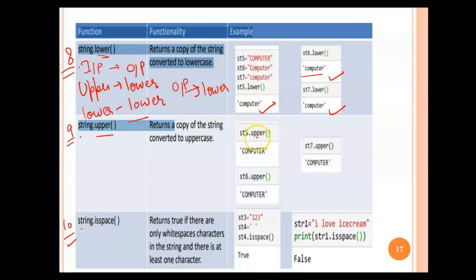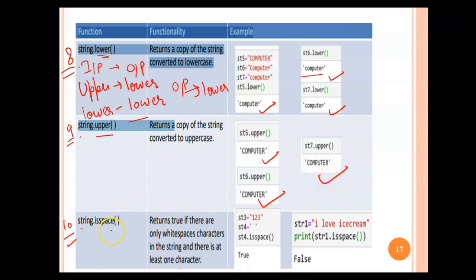So you can check, we have st5.upper. st5 is COMPUTER, already in uppercase, so no change. In st6, the first letter only is in uppercase and the rest in lower, so the lowercase letters will be converted into upper. You can see the final output is COMPUTER. Then we have st7.upper, computer, which is in small case, and it will be converted to upper after the execution. You can see the final output is COMPUTER, which is in uppercase, right?